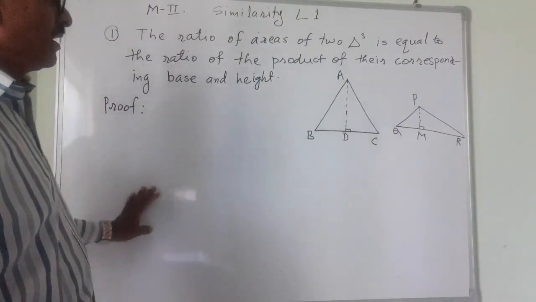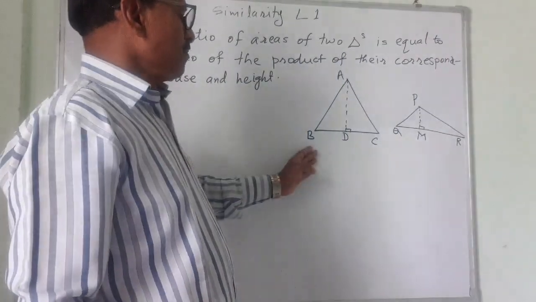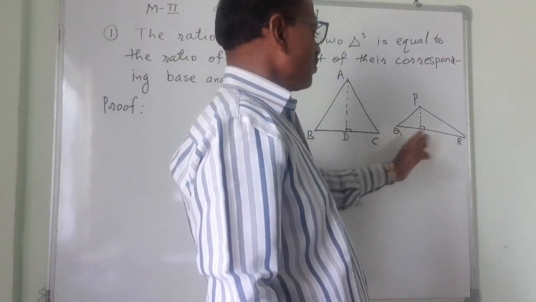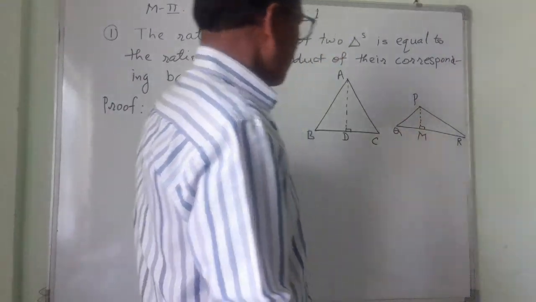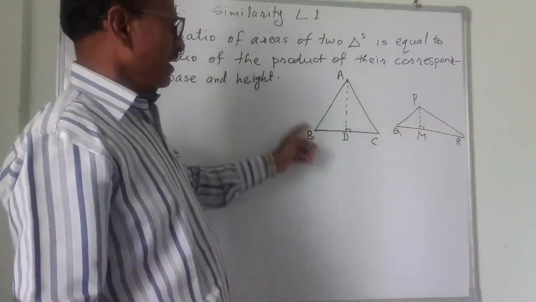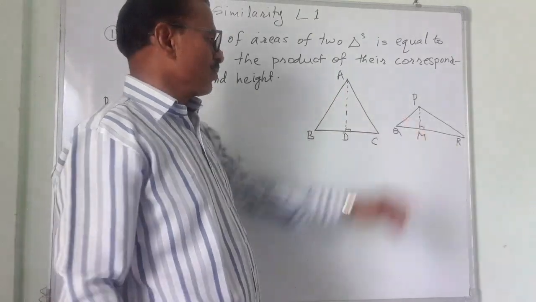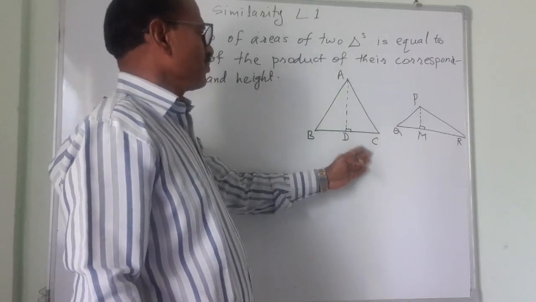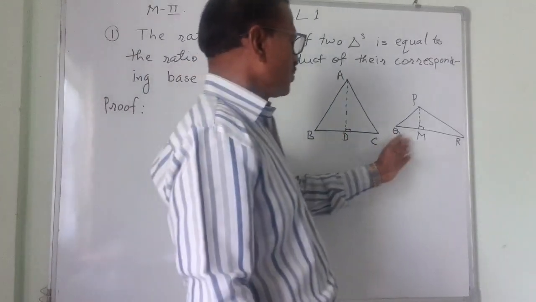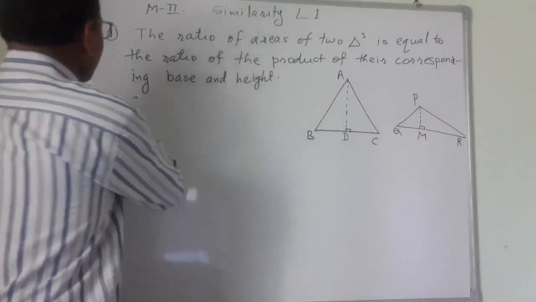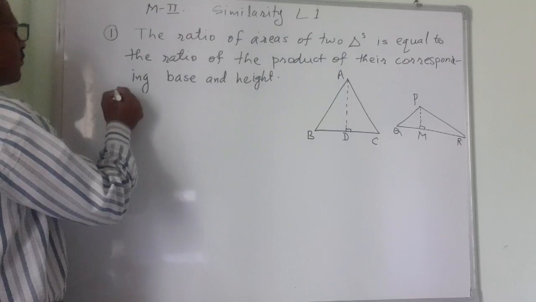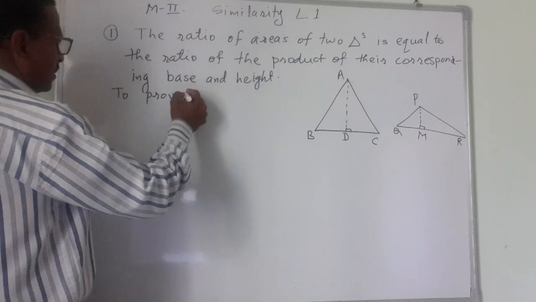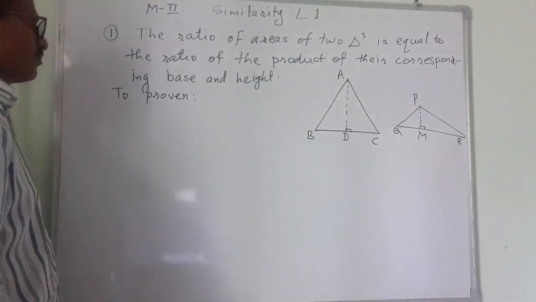What is given? In triangle ABC, BC is the base, AD is the height. In triangle PQR, QR is the base, PM is the height. And what we have to prove? Area of triangle ABC upon area of triangle PQR is equal to the product of the base and height, BC into AD upon QR into PM. You will write given, and then to prove.